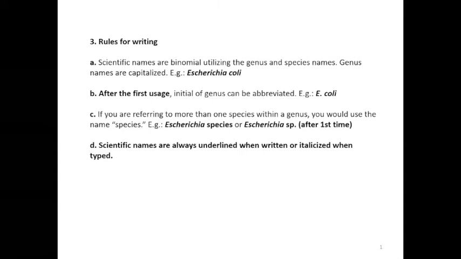So when you're typing it up for lab, if you happen to be typing it up for a quiz, it's italicized. So when you're using a word processor, or if you were typing it, it would be italicized.